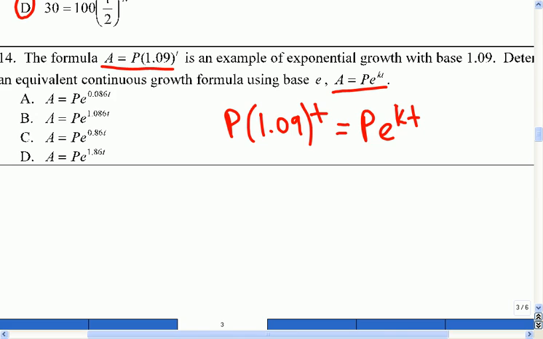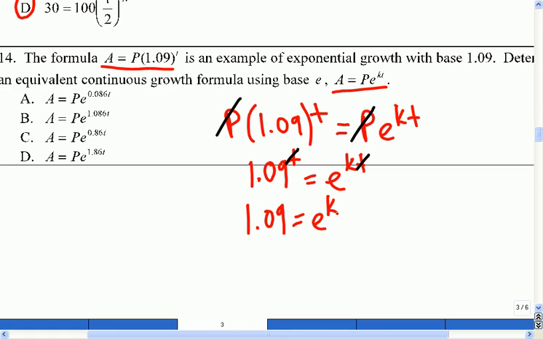Now I have this monstrous equation to solve, but don't worry, it gets simple real quick. If I divide by P, those disappear, and I end up with 1.09 to the t equals e to the kt. Now if I take the root t of both sides, those disappear, and I end up with 1.09 equals e to the k.